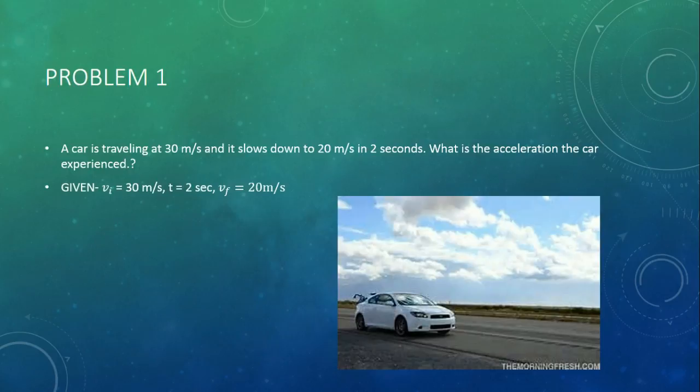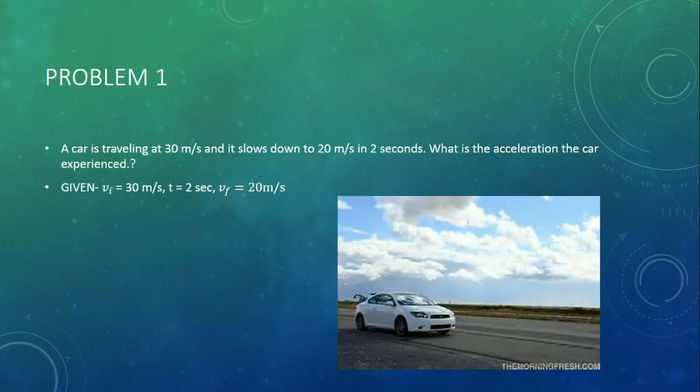We first write down our givens. We pick out the numbers that we have, and 30 meters per second is definitely important, and that's the initial velocity, v sub i. Then we have time, 2 seconds, and we have final velocity, v sub f, at 20 meters per second.